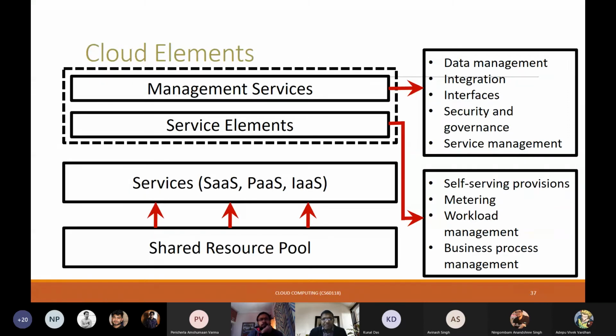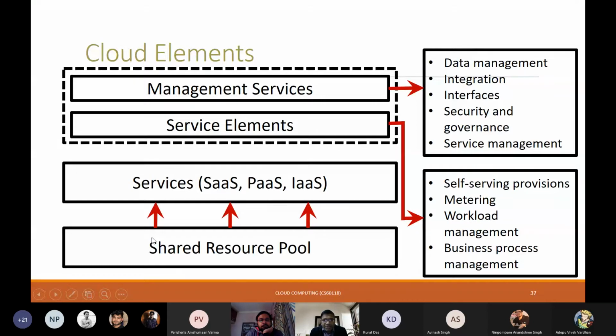Looking at some of these different models of cloud computing, at the very bottom what you need is these computational resources, infrastructure, etc., which are going to offer these different types of services. So you need the shared pool of resources. This is basically the heart of everything.